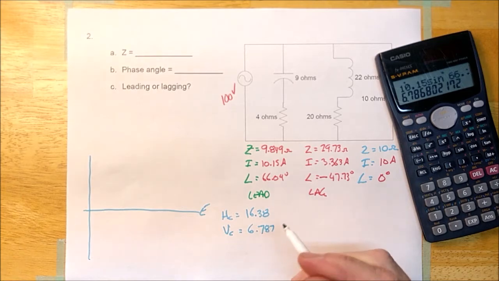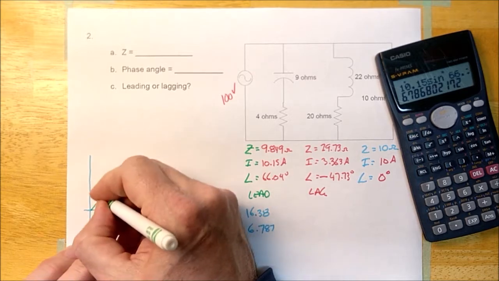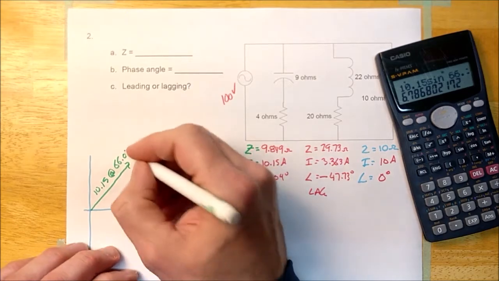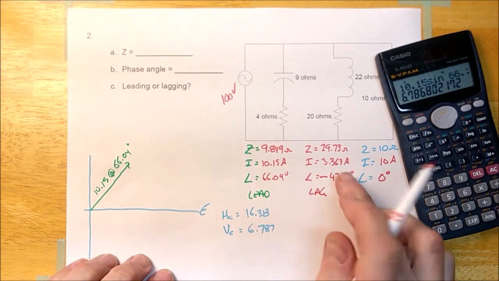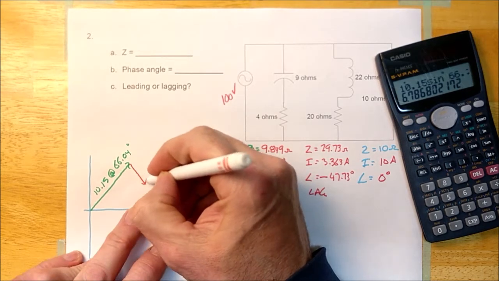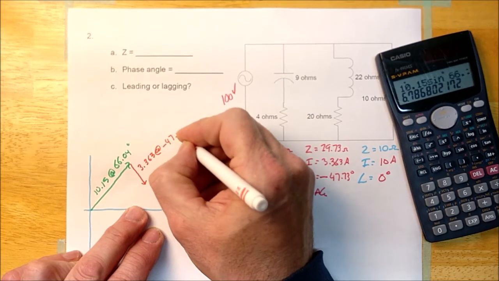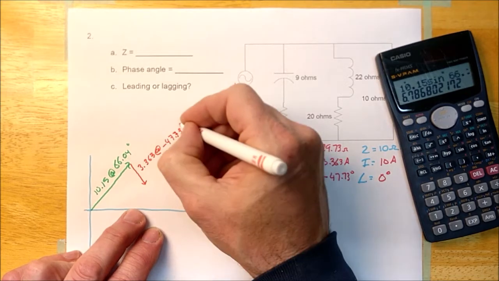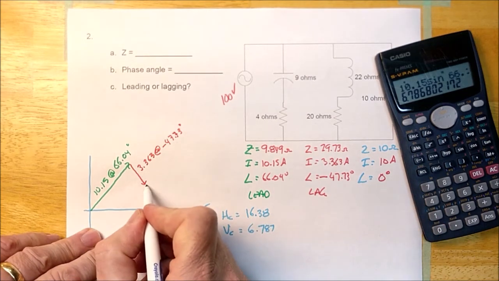We're going to get 10 at 66, so 10.15. 3 at minus 47, 3.363. Last one is going to be 10 at 0.